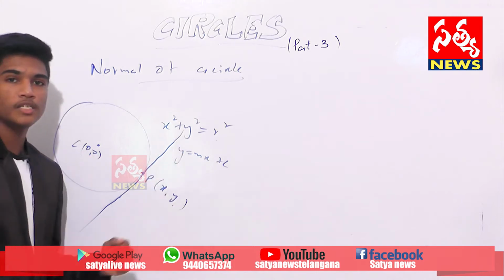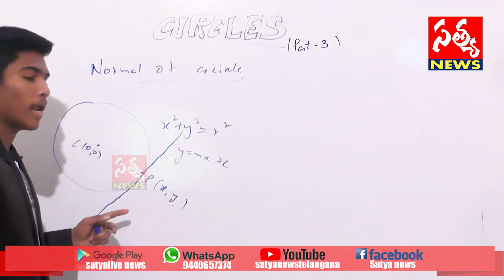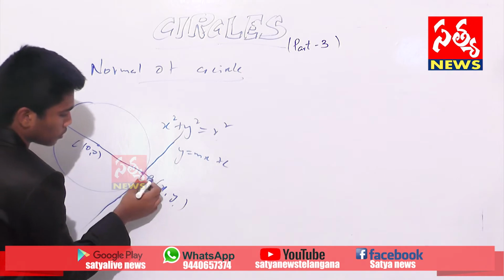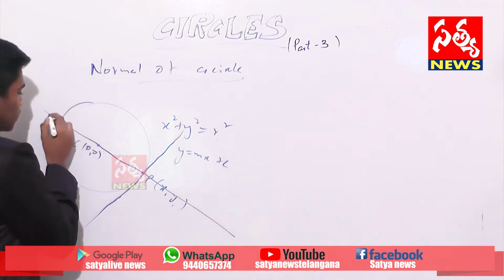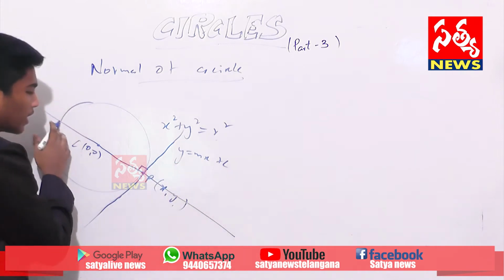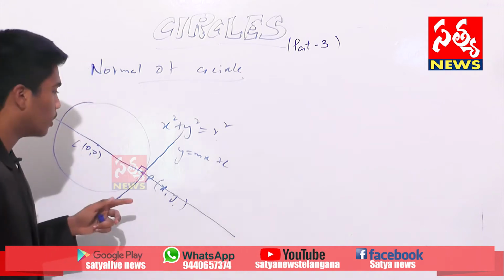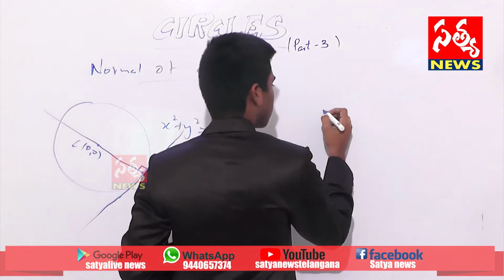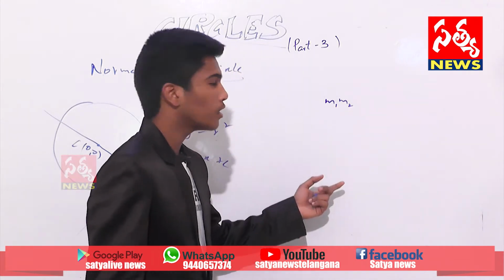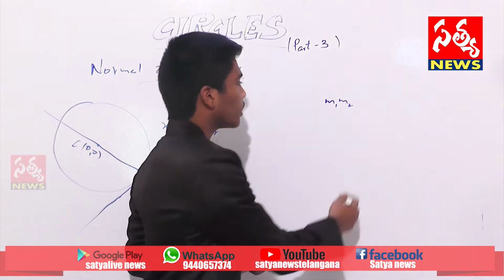Now, what is normal? Normal is nothing but the line perpendicular to the tangent, which means this is the normal, and the angle between y equals mx plus c and this line must be 90 degrees. For finding the equation of normal, if the angle between two lines is 90 degrees, the product of their slopes is equal to -1.